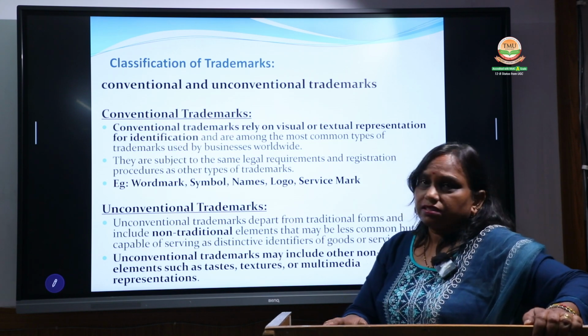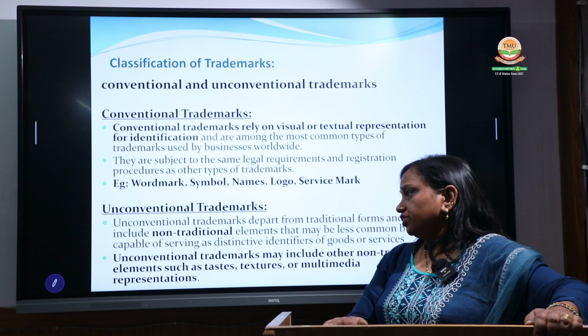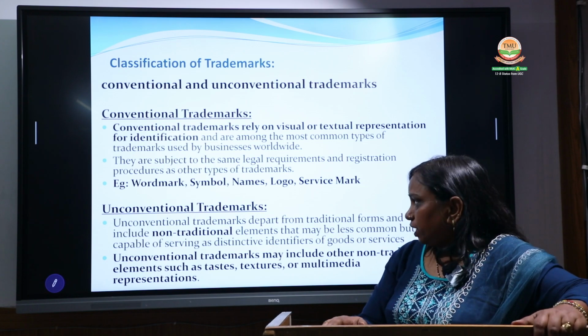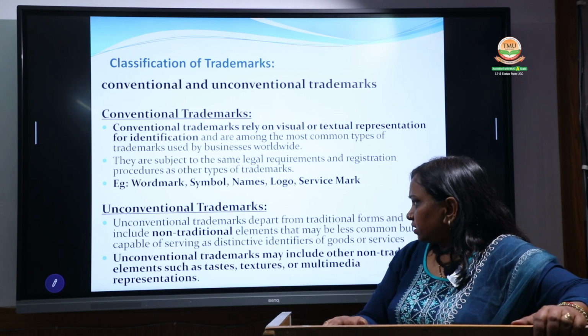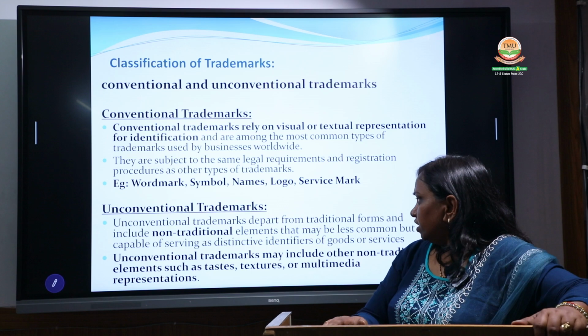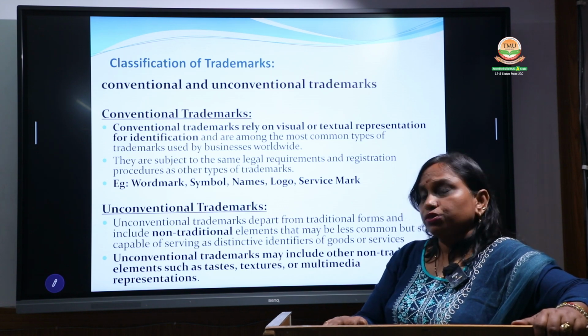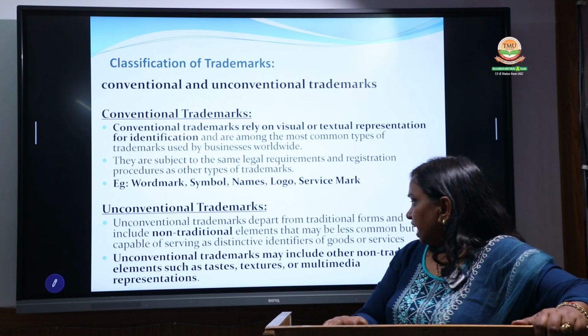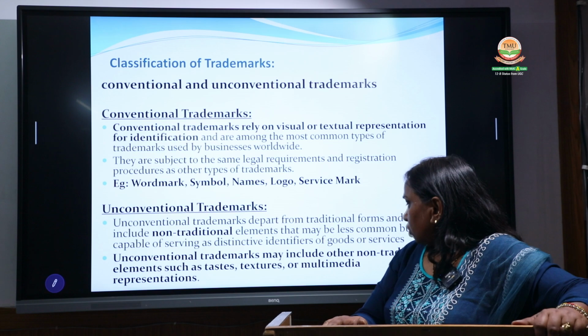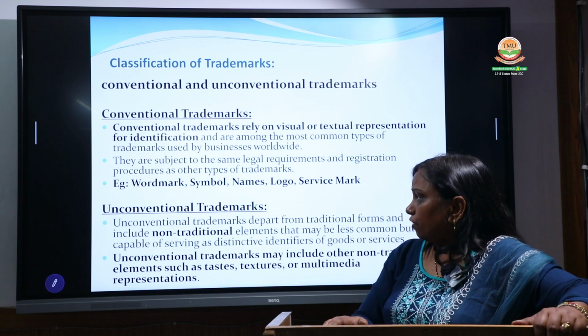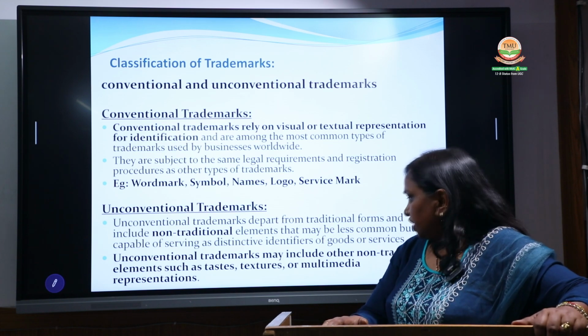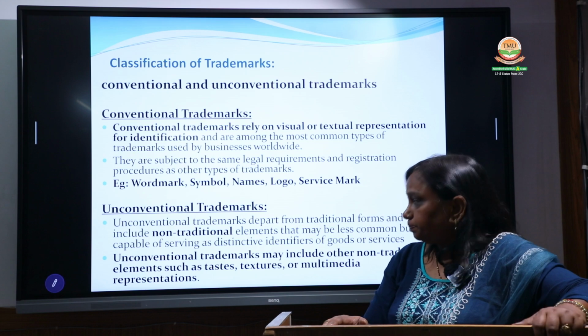Now this is something which is non-traditional, that is the unconventional trademark. Unconventional trademarks are different from the traditional forms, and they include non-traditional elements that may be less common, and they are capable of serving as a distinctive identification of goods and services.